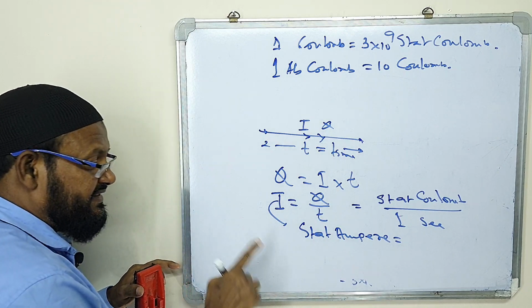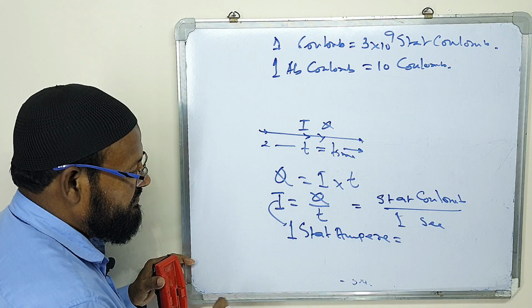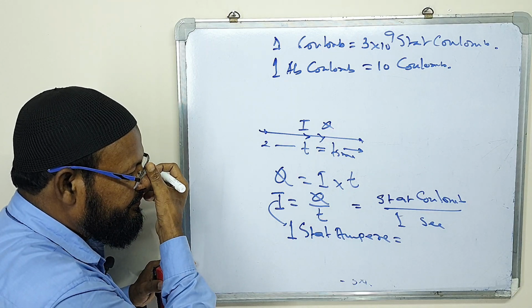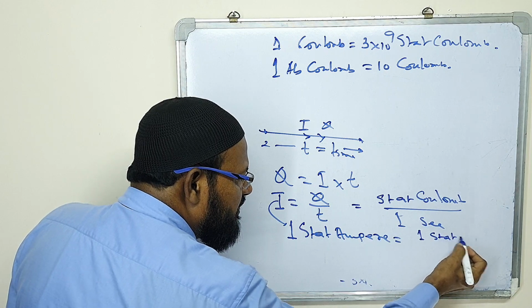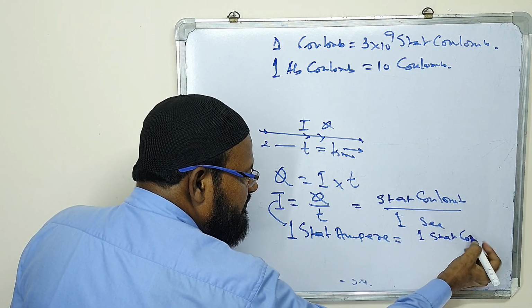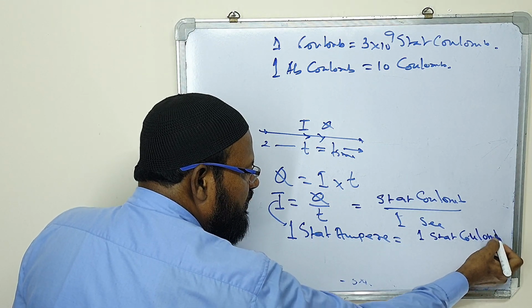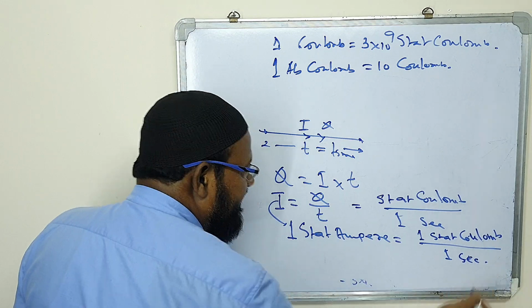Stat ampere. What is this? 1 stat ampere is equal to 1 stat coulomb, that is, 1 stat coulomb divided by 1 second.